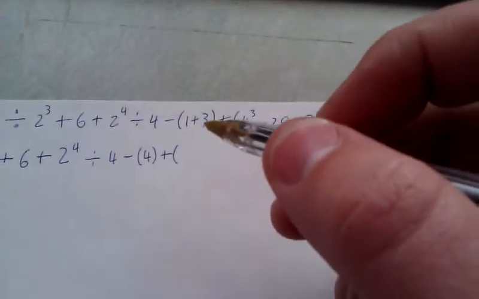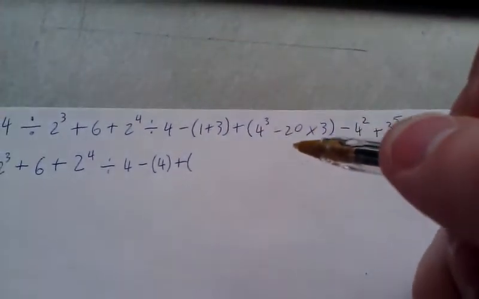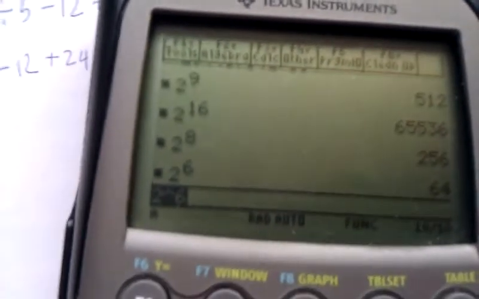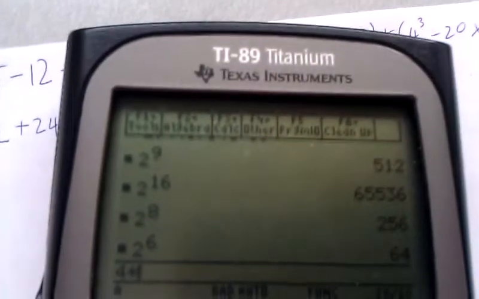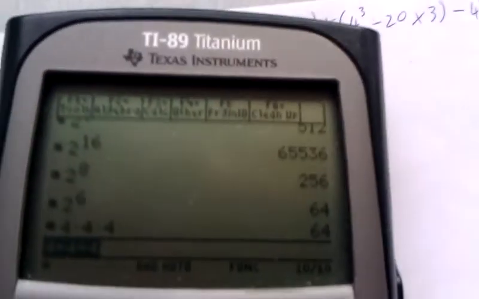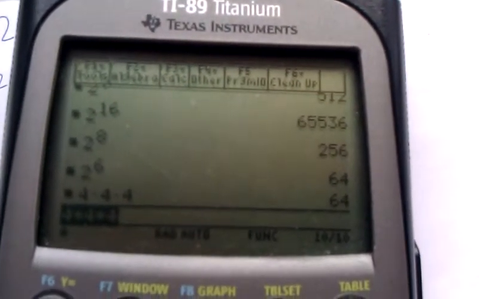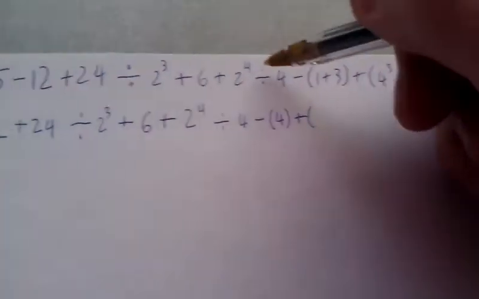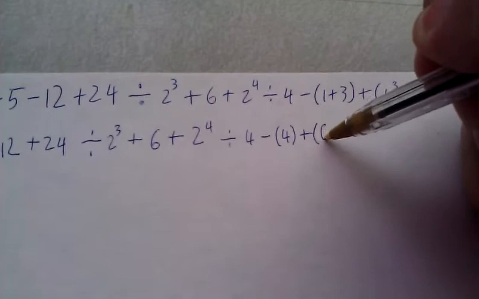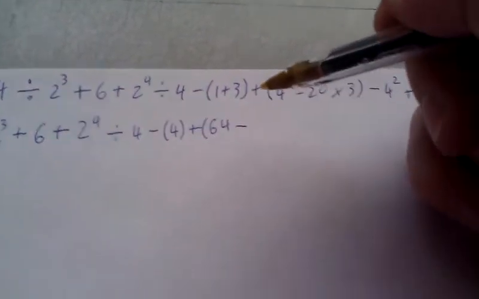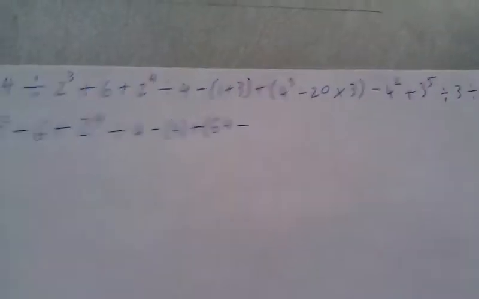So 4 to the 3, that is 64. Minus 20 times 3.